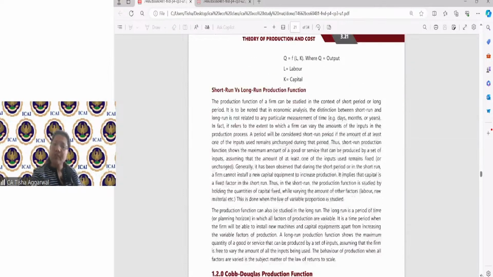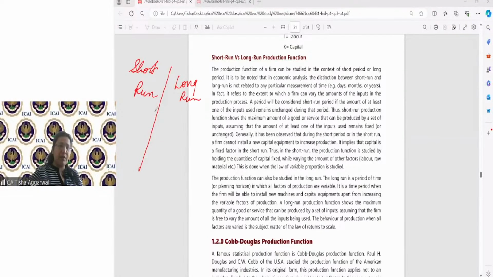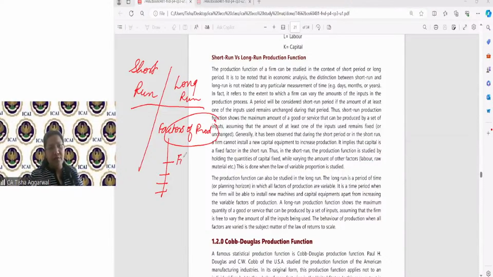Next is short run versus the long run production function. When you talk about short run and long run, please understand there are 2 kinds of time period. Before I say what is short run and long run, let me make you understand what the factors of production are. Primarily there are fixed factors of production and variable factors of production.